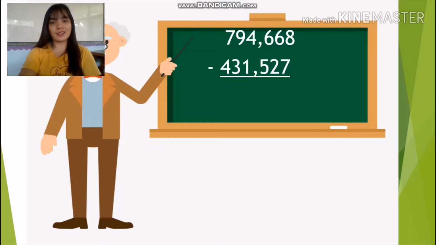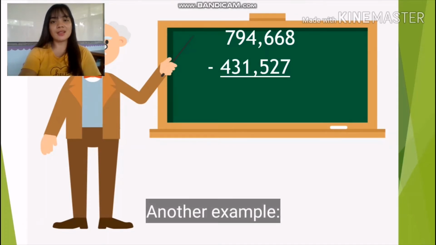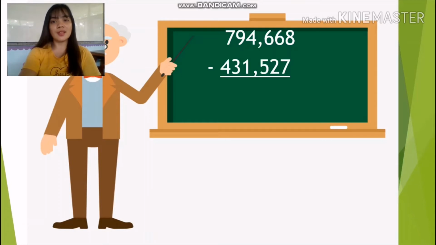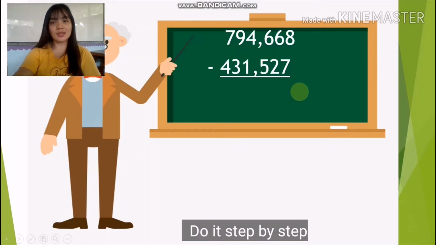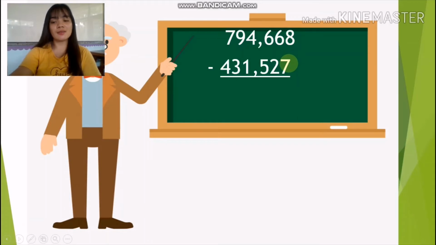You can see here another example. So we have 794,668 minus 431,527. So let's do it step by step. So 8 minus 7 is equal to 1. 6 minus 2 is equal to 4. 6 minus 5 is equal to 1.